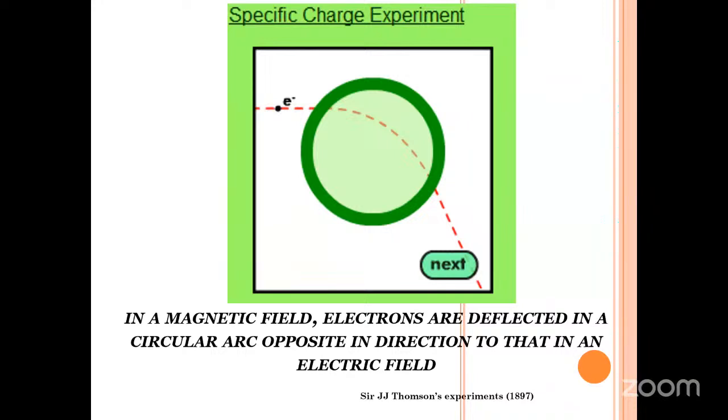Now, if these two fields are put together, what will happen? If we have both the negative and the positive, I hope we are together. Yes, the forces will cancel out. That's beautiful. There will be no deflection.